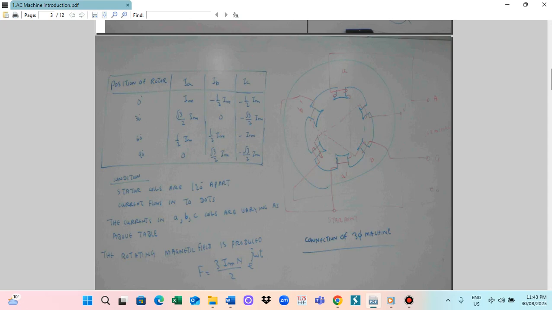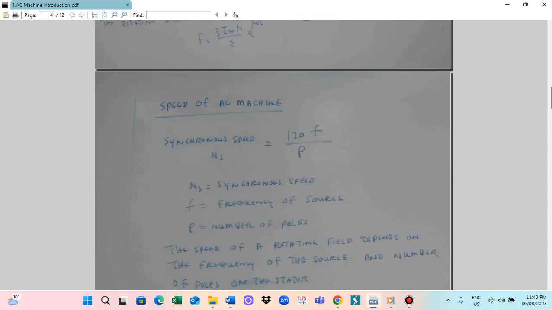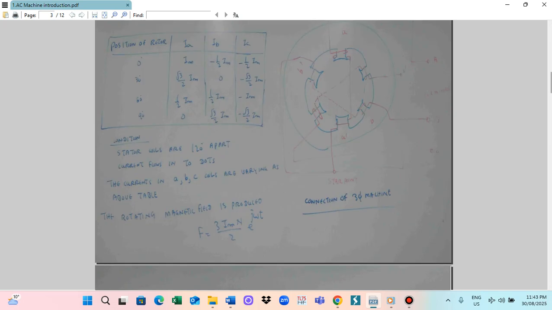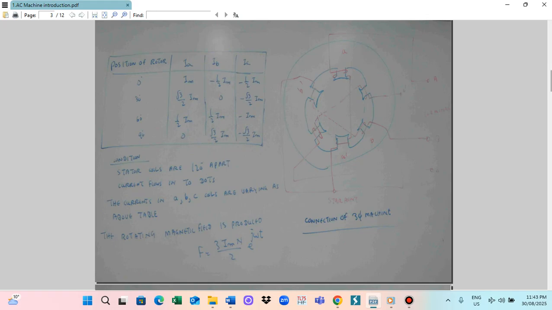So this is a 3-phase machine. For the 3-phase machine, we can draw the stator winding diagram. This is for the A phase. This will be A and A dash. So winding one like this, and this one will be the A dash here. So this is for the A phase winding.